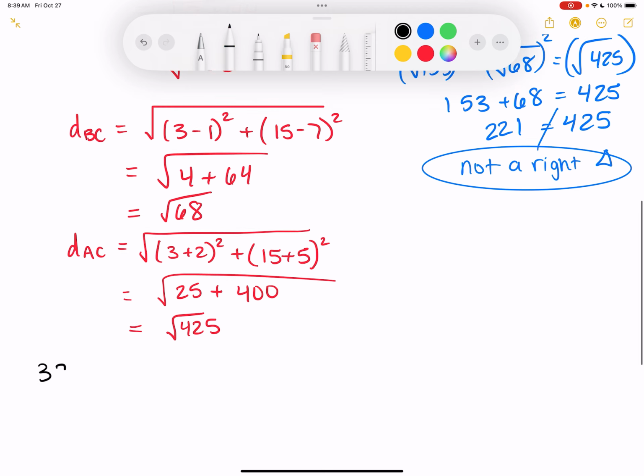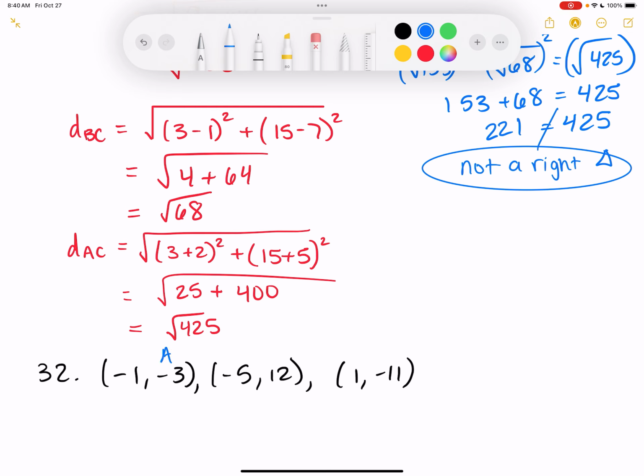So 32, the point -1, -3, point -5, 12, and the point 1, -11. So I'm going to call them A, B, and C again. So I'm going to do, again, basically 3 distance formulas, same way I did for the triangle problem.